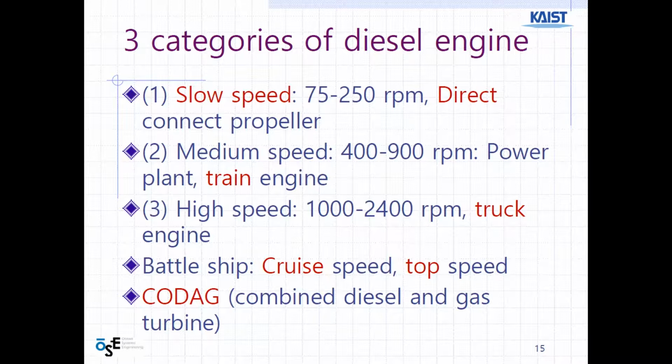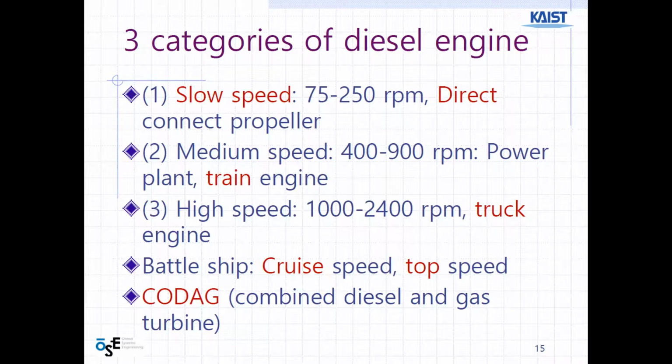For the battleship, there are two speed ranges, cruise speed range and top speed range. Cruise speed range is a mild speed range.